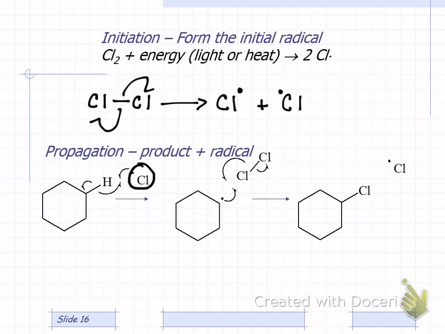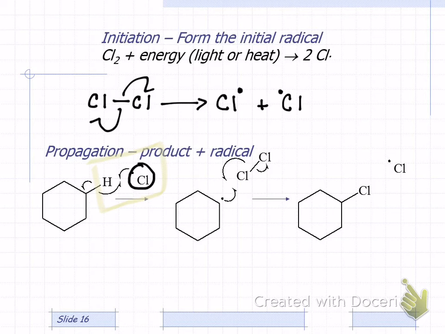So do it like this. That's going to be the HCl, right? And then the cyclohexane becomes the cyclohexyl radical. There. That's the electron that's left after this step here. So this is the hydrogen abstraction step to form the cyclohexyl radical.